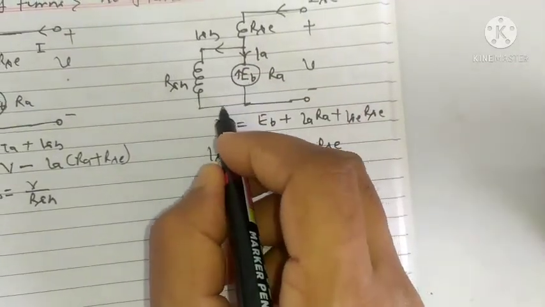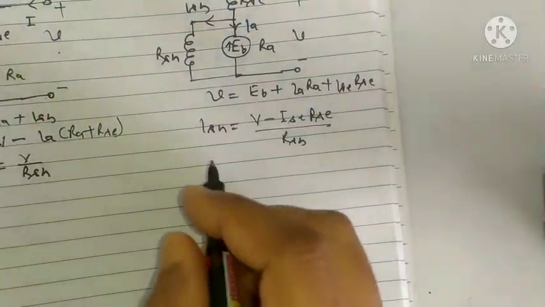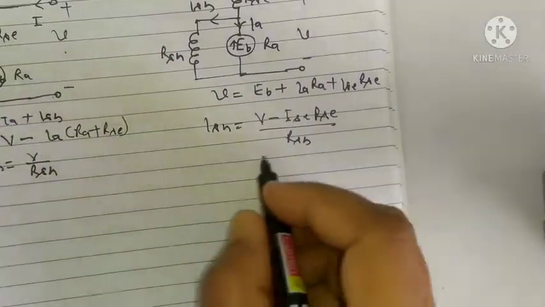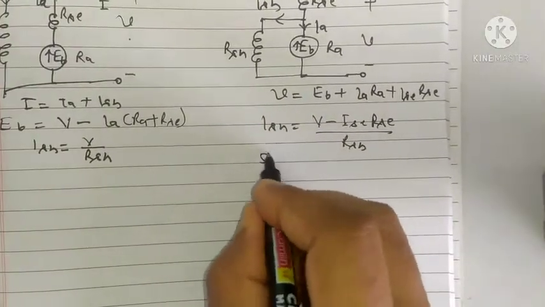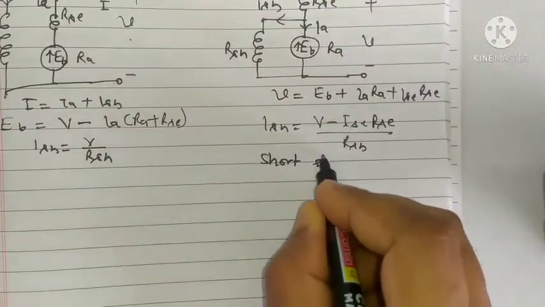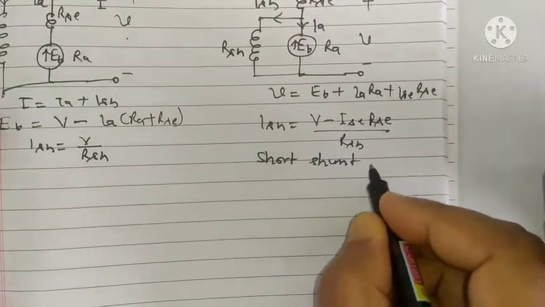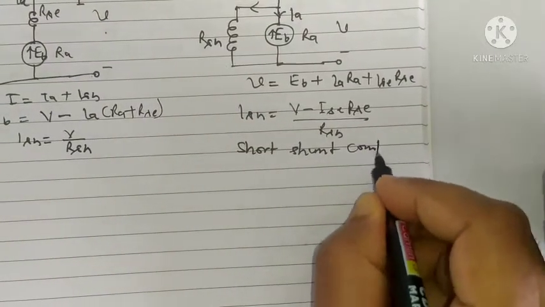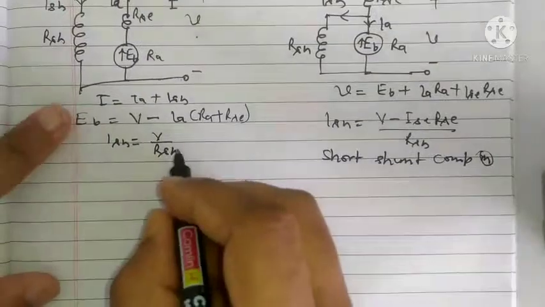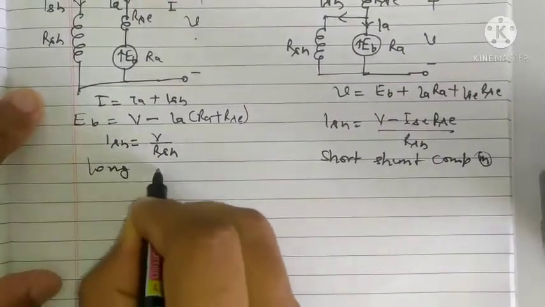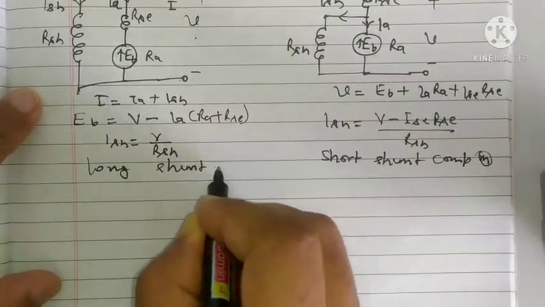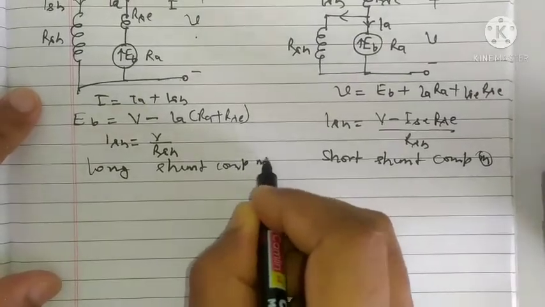Total voltage across it is this voltage. Okay, so this is what short shunt compound motor, and this was long shunt compound motor.